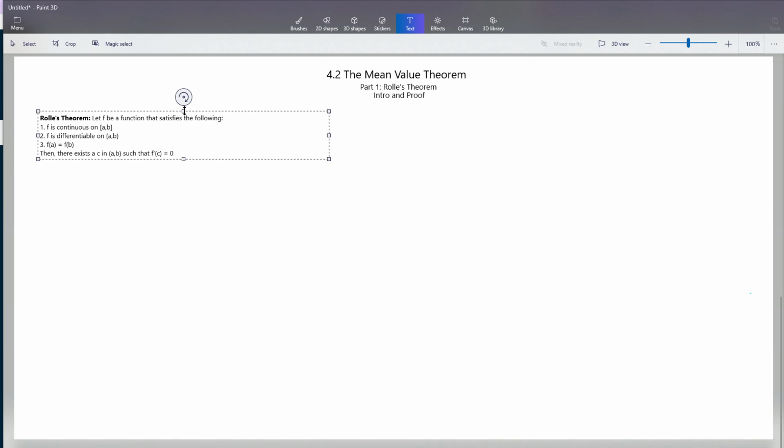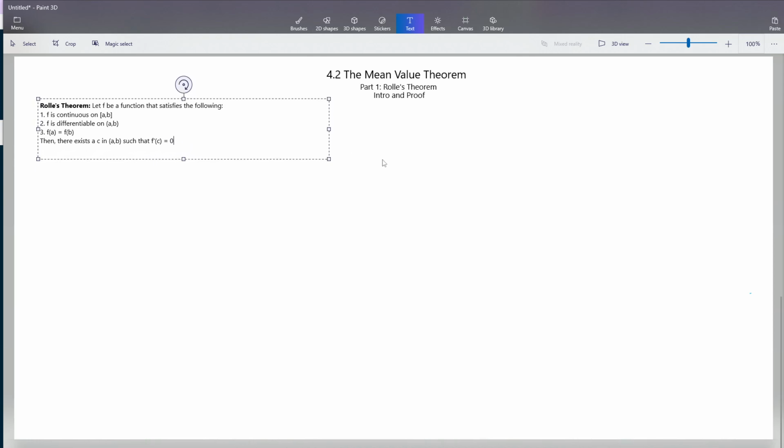And this is what Rolle's theorem is. So we have to check these three criteria. It's continuous on the closed interval, it's differentiable on the open interval, the endpoints have equal y values, and then we can conclude that at some point in that open interval, the derivative is 0.